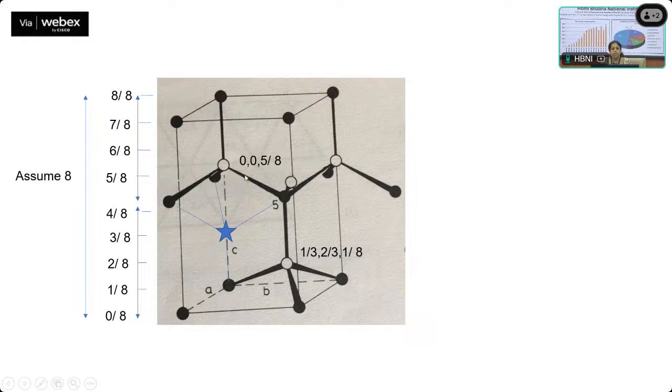One which is shown here, which is formed by this atom and this atom, which lie in layer B, and this corner atom. So now again it is 0, 0 for x and y because it is lying exactly above it, but now the z coordinate is closer to the basal plane, 5 by 8.